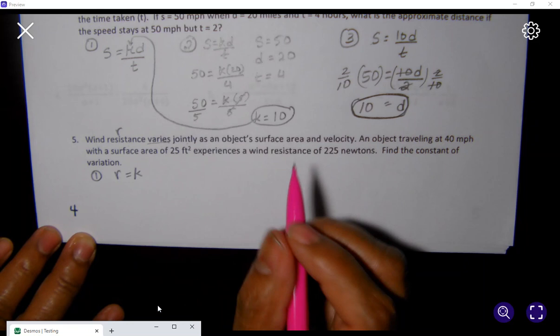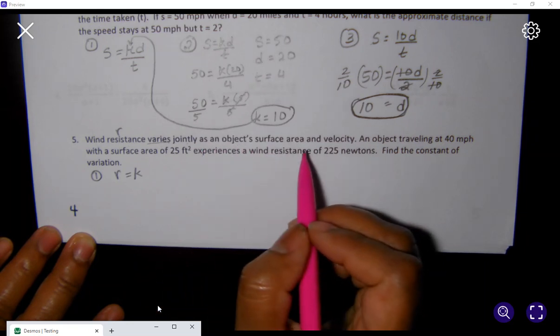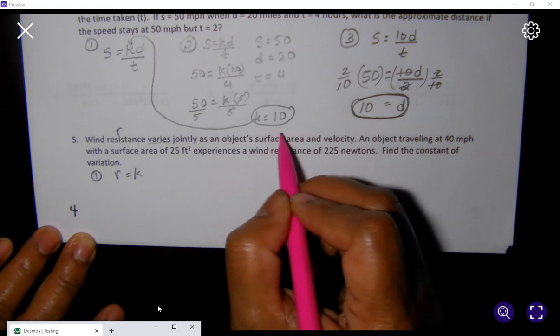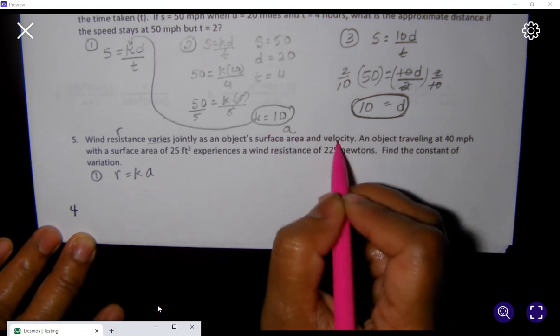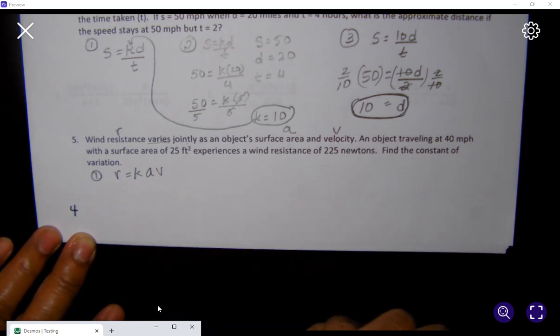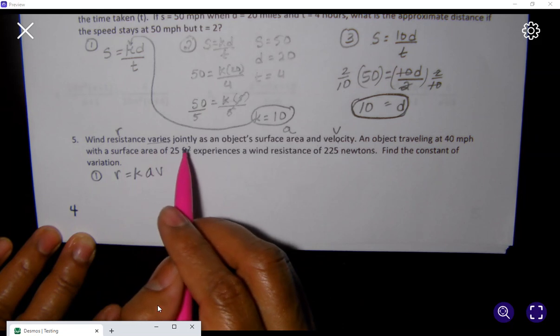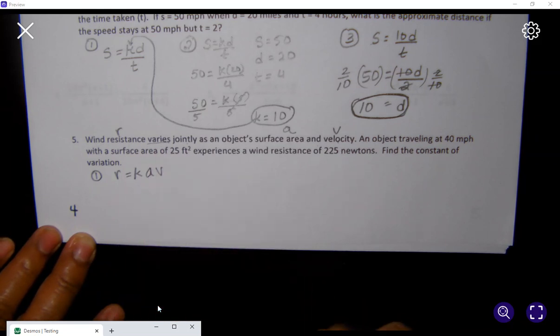Jointly means multiplication. Jointly as the object's surface area, so surface area, I'll just call it A for area, and the velocity, V for velocity. That's it. That looks like a really complicated sentence, but it's just simplified like that in math.